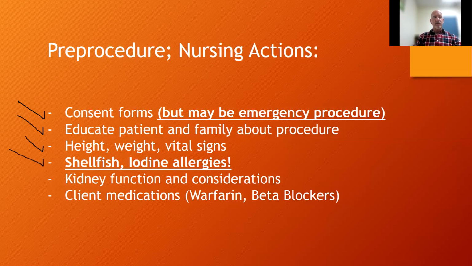There again, they may be using contrast dye, so shellfish or iodine allergies. I mean, that will probably happen in the cath lab, and in the cath lab, they'll look at it and go, oh, okay, no, we're not going to do this guy. And then they take him over to open heart surgery. And kidney functions and warfarin and beta blockers, like we talked about. This is all the same stuff as we talked about for catheterization.